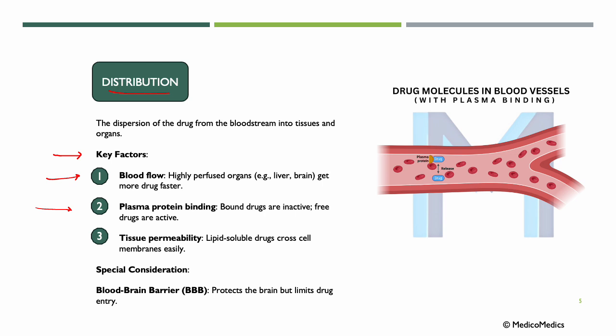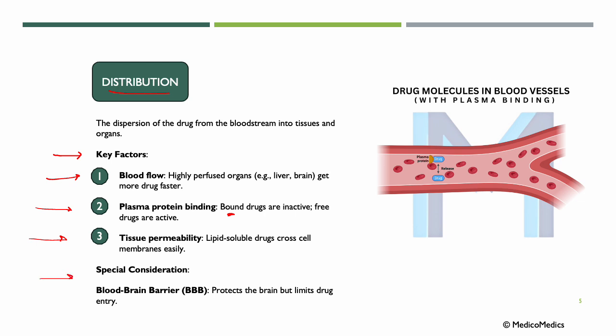Second one is plasma protein binding. So only the free, unbound drug can leave the bloodstream and exert an effect. Drugs that are bound to proteins like albumin, for example, will remain inactive. Finally, tissue permeability. So lipid-soluble drugs can easily cross cell membranes, while water-soluble ones may be restricted.